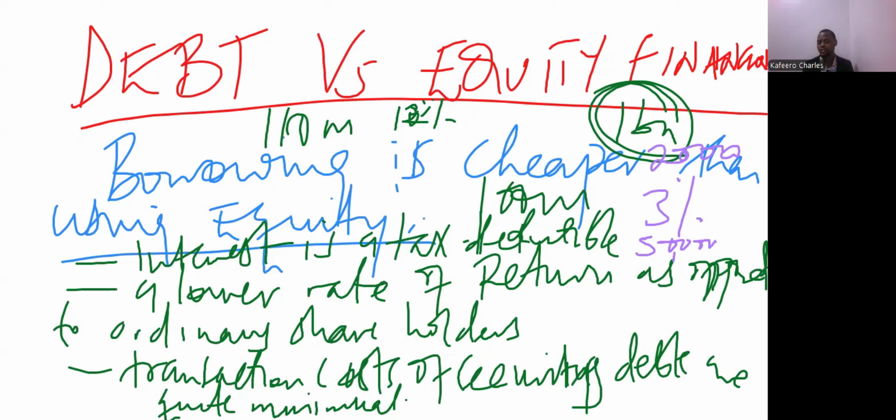It's not like dividend. For the dividend, you can choose to pay or not to pay, or you can even change and say, I'm going to pay you in paper, maybe I'm just going to increase your shareholding, depending on the money that you have made as a business.